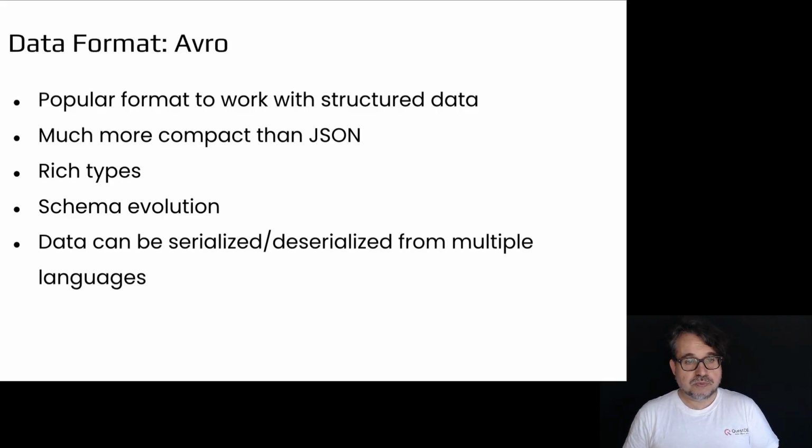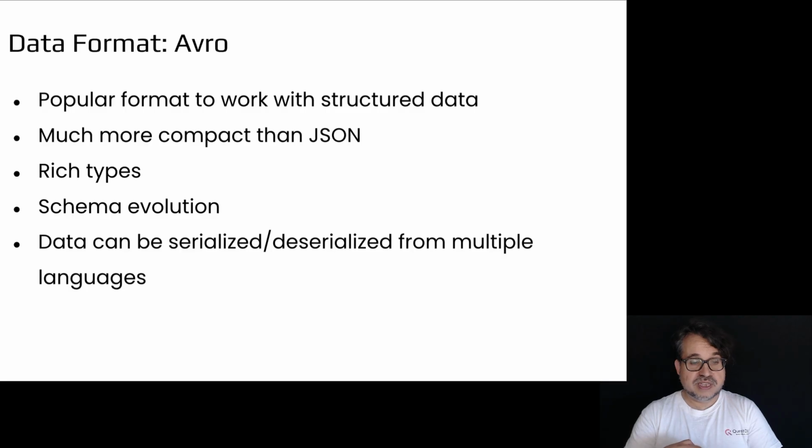You might be familiar with formats like JSON or like Parquet or other formats. So Avro is a popular format. It's very similar to JSON, in which you can have data which is nested inside other objects if you want. But unlike JSON, it has a rich type ecosystem. So in Avro, you can specify that this particular field is a string, and this one is a float, and this one is a timestamp, and this one is an integer.